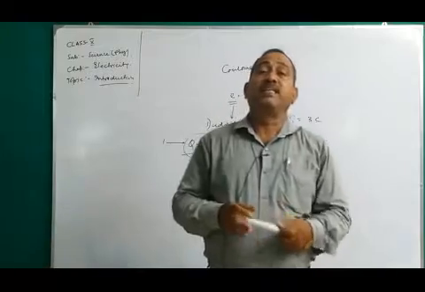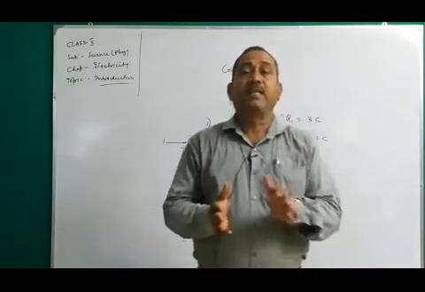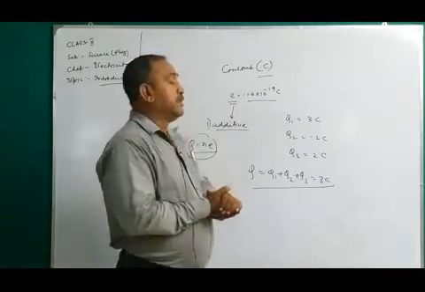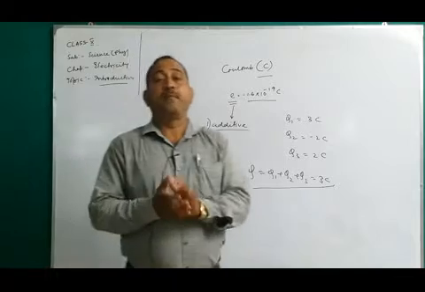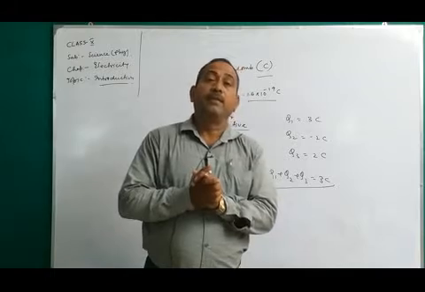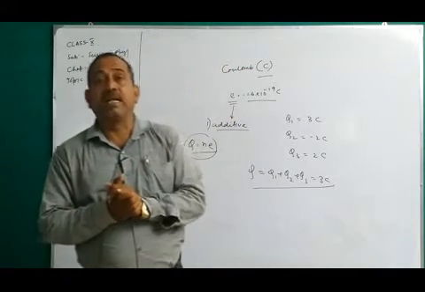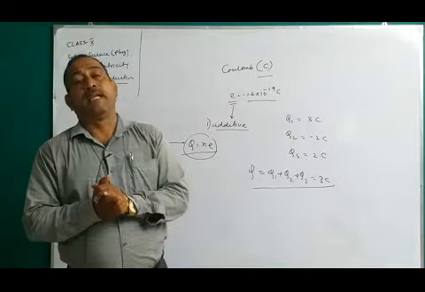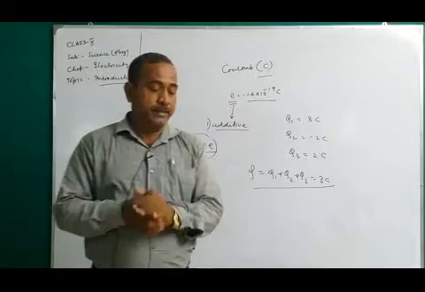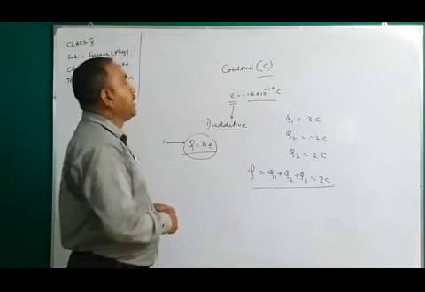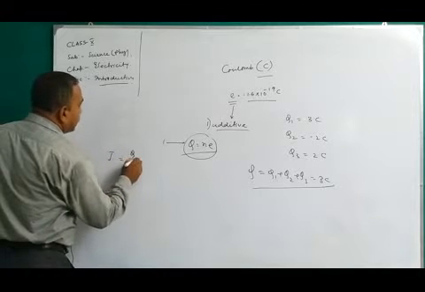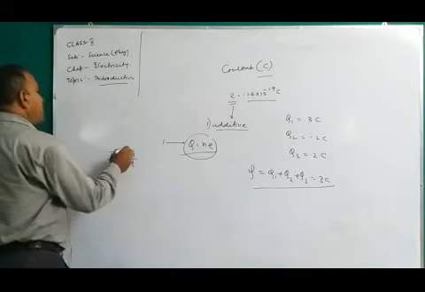So charged particles create current. Current means the amount of charge passing through a conductor, for a particular cross section, per unit time. That is the electric current, I equal to Q by t.